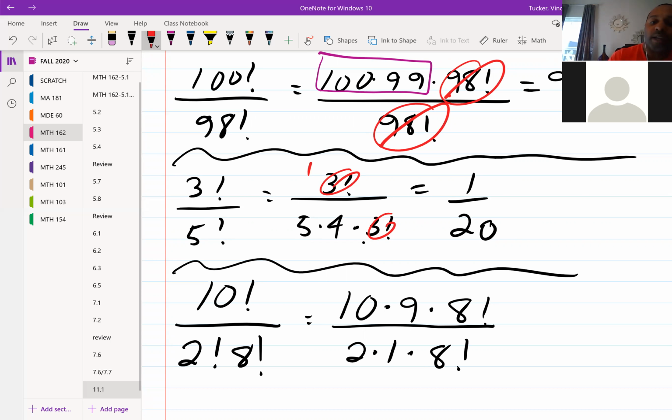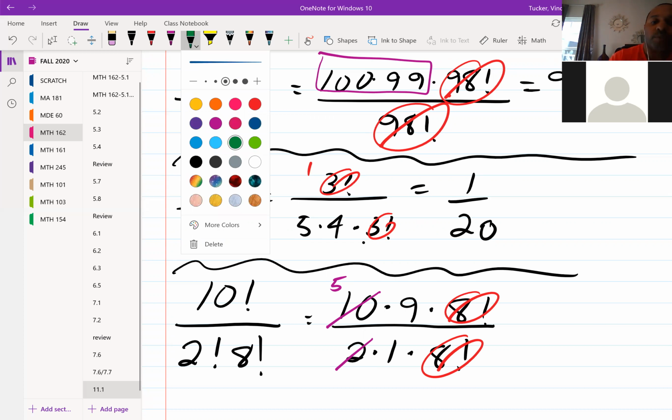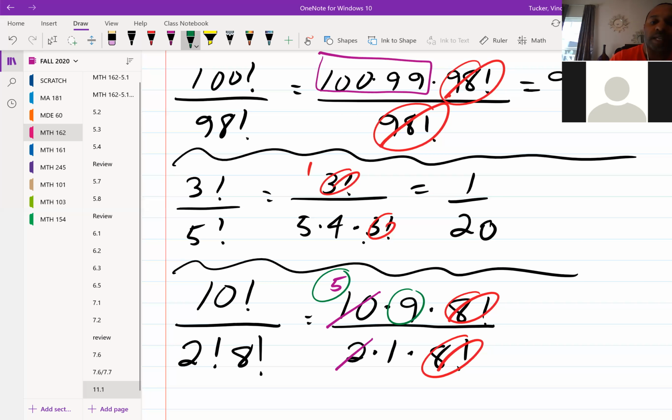And so my 8 factorials will cancel. And this 2 can actually cancel into the 10 and leave me with 5. So what we're left with is 5 times 9 in your numerator and then just 1 down in your denominator. So that would be 45.